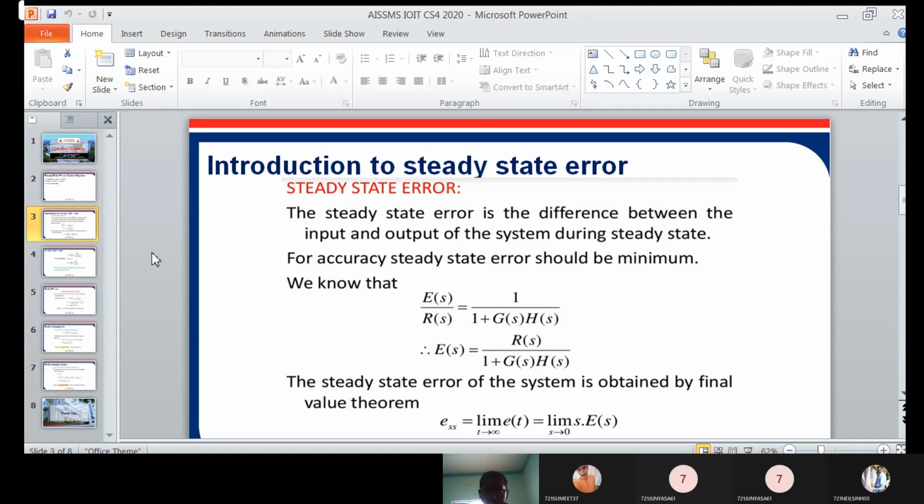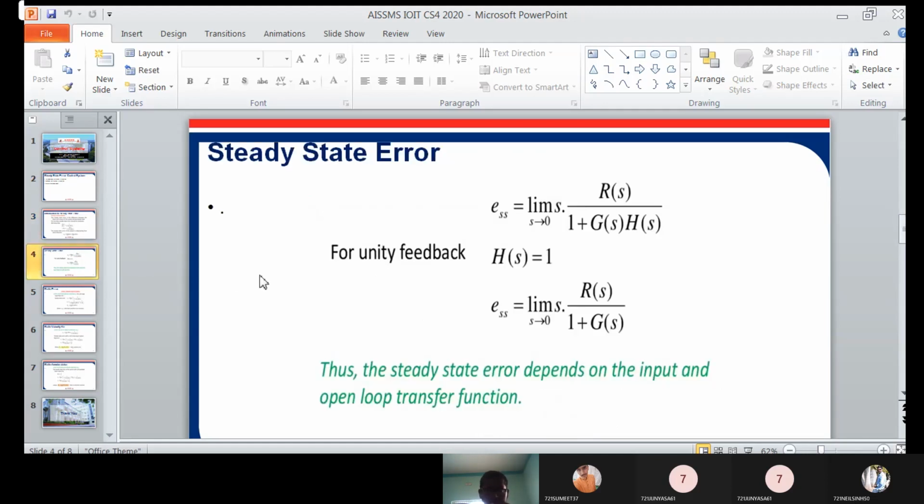So the formula of steady state error, which will be represented as ess, is equal to limit t tends to infinity e(t), which is equal to limit s tends to 0 s multiplied with E(s). So this is all about the steady state error formula: ess is limit s tends to 0 of s multiplied with R(s) divided by 1 plus G(s)H(s), where H(s) is the feedback.